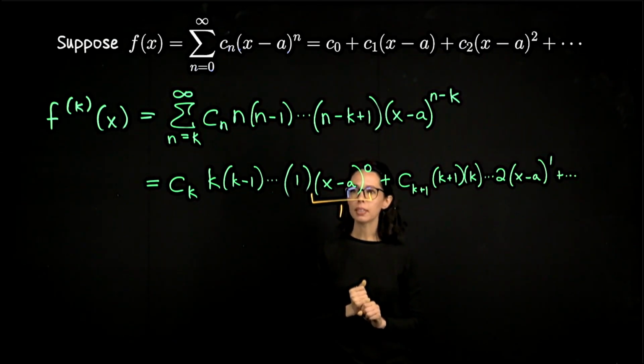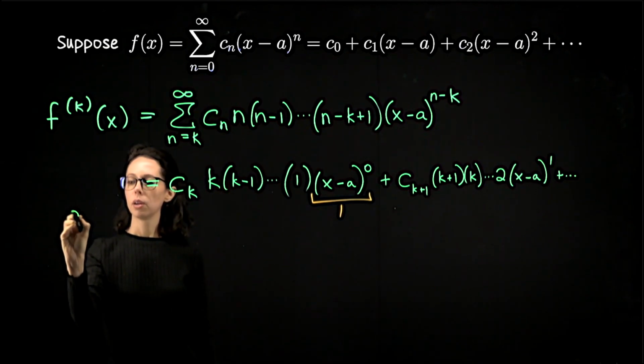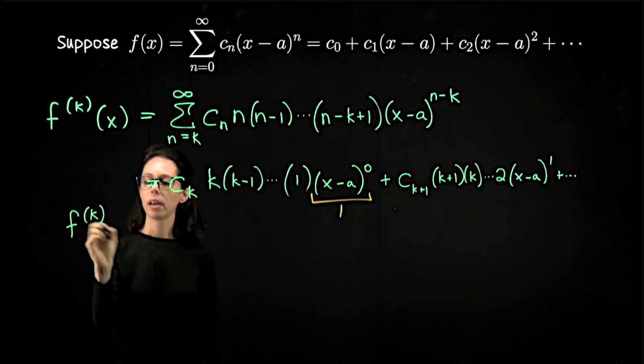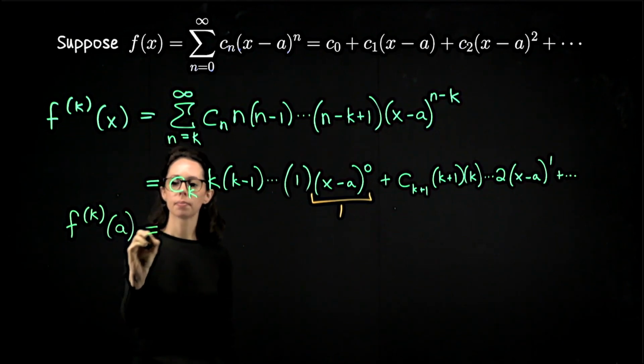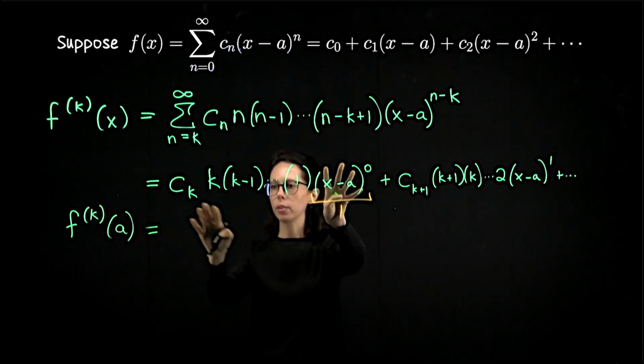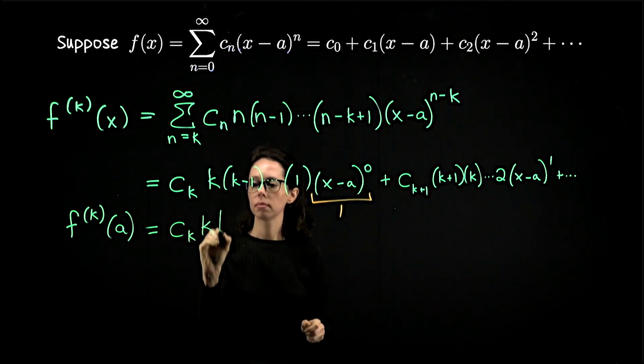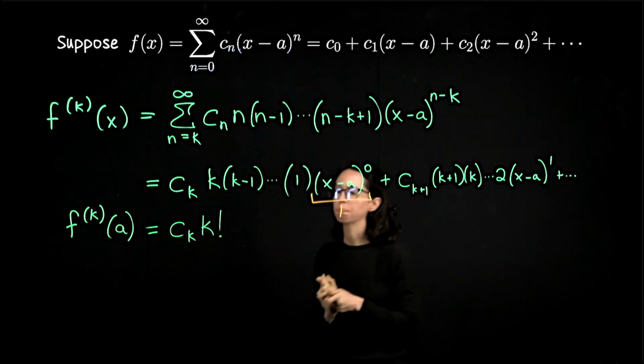All right, what that means is that if I now plug in the center, x equals a, we can say the kth derivative of f evaluated at a, well, all of this goes away, that's all 0. This is 1, we get c sub k times k factorial. Okay.